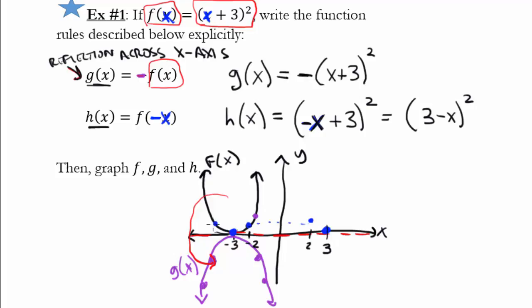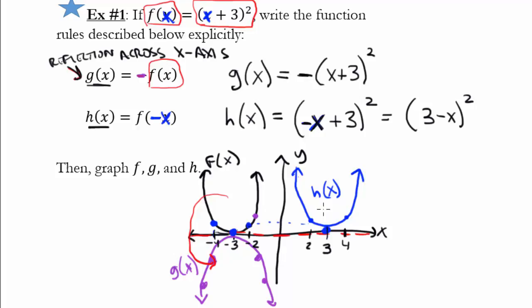This point used to be maybe negative 4, which got me that point, but now it's going to be positive 4. We can sort of see where this is going. We can map these graphs, not the best quadratics, but end up with a graph of h of x.